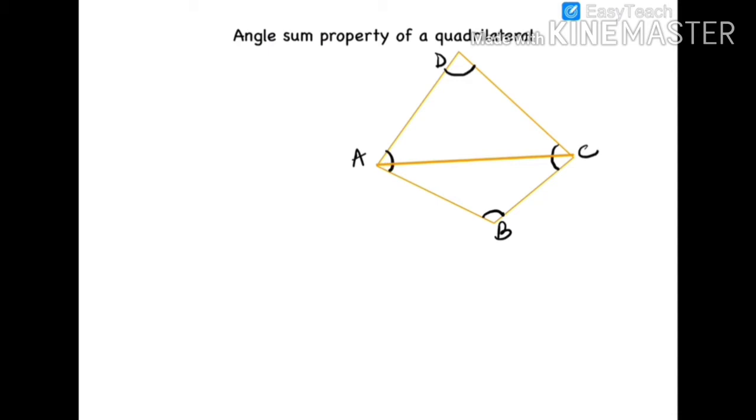And we know that the sum of angles of a triangle is 180 degrees. So using the angle sum property of triangle, we will prove the angle sum property of a quadrilateral. Let's mark angle DAC as 1 and angle CAB as 2 and angle DCA as 3 and angle ACB as 4.